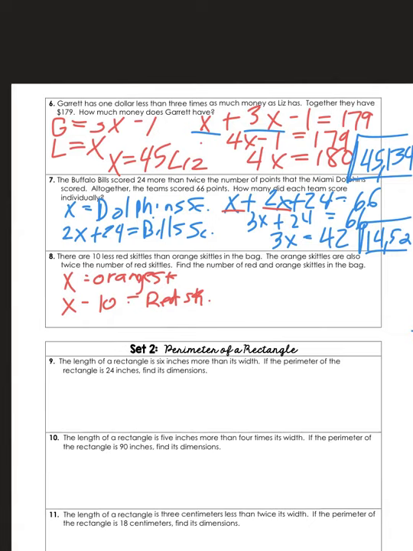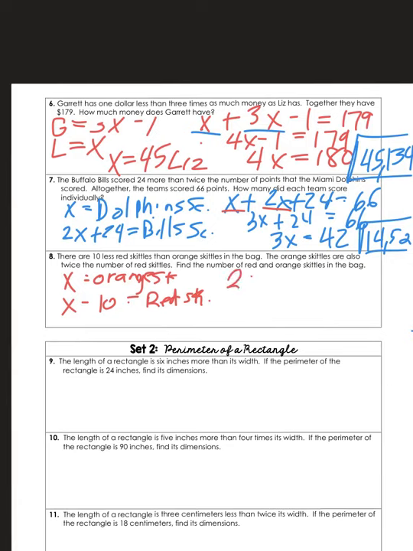Equals red Skittles. Okay. The orange Skittles are also twice the number of red Skittles. Find the number of red and orange Skittles. Okay, can do this. So they're also twice the number of red Skittles.